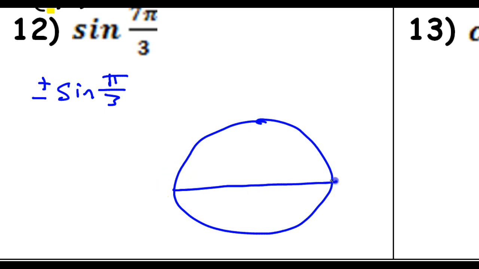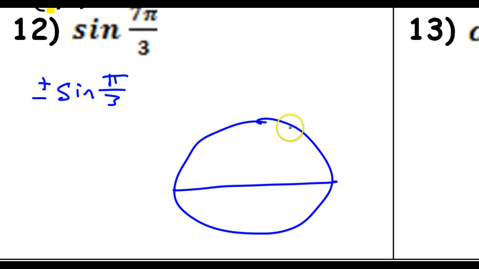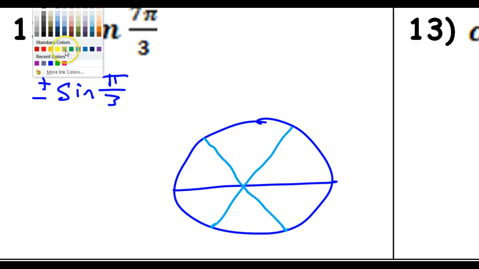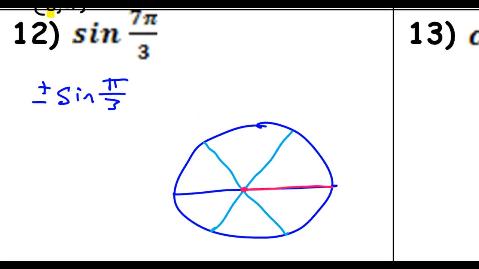So here's pi. I need pi over 3's. So I'll split the top into 3 parts, because that will be pi over 3. So now I have pi over 3's. Starting in standard position, I need to go 7 pi over 3. So here I go: 1, 2, 3, 4, 5, 6, 7.